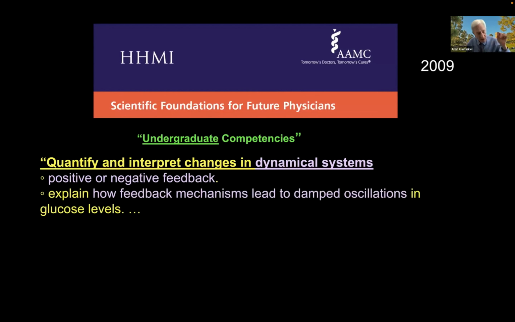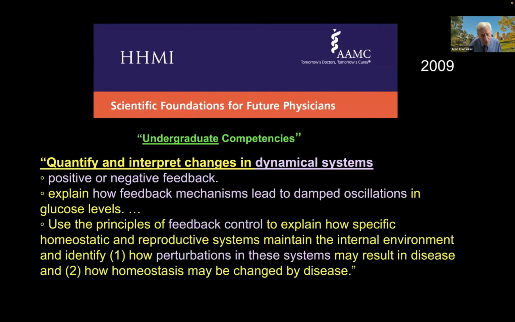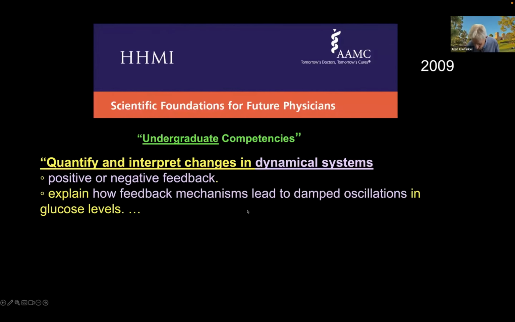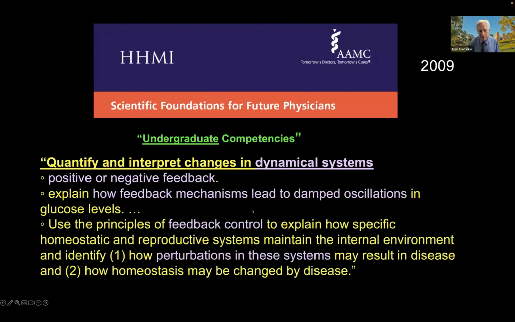They wanted the student to understand how feedback mechanisms can lead to oscillations, for example, in glucose. They wanted you to understand how to use the principles of feedback control to explain homeostasis and disease. So that was 2009, and it addresses physiology and medicine.